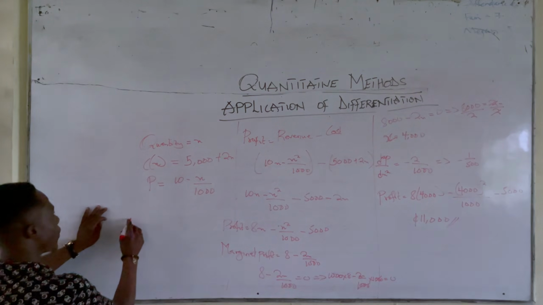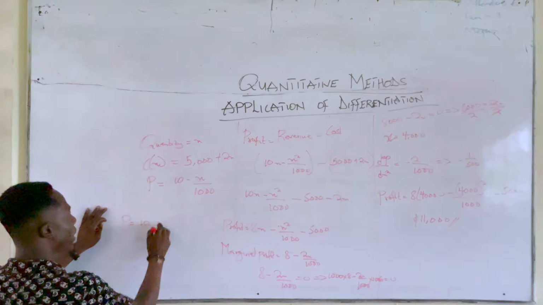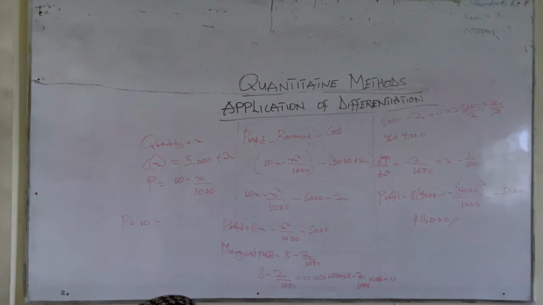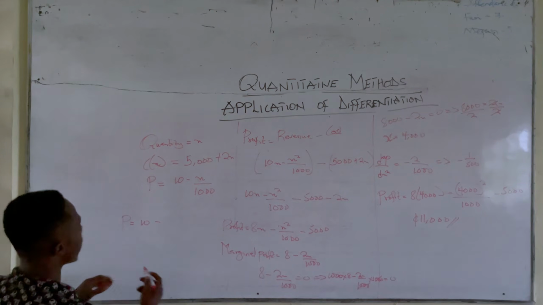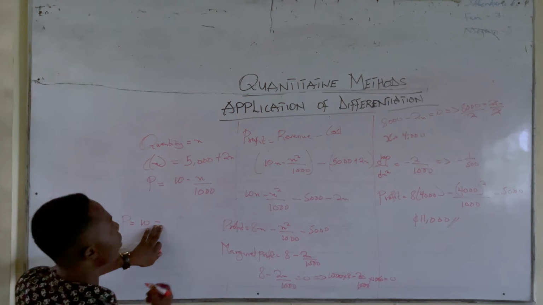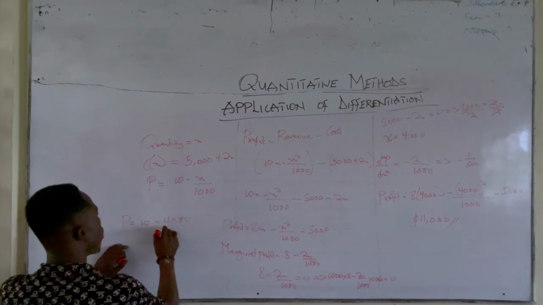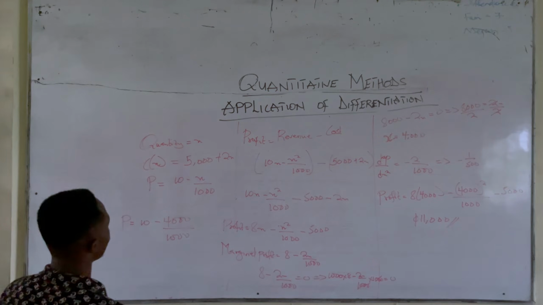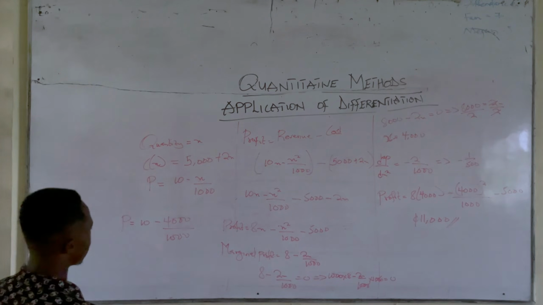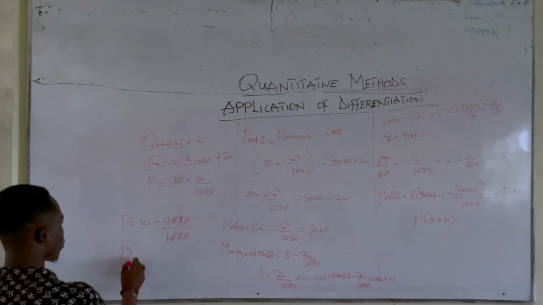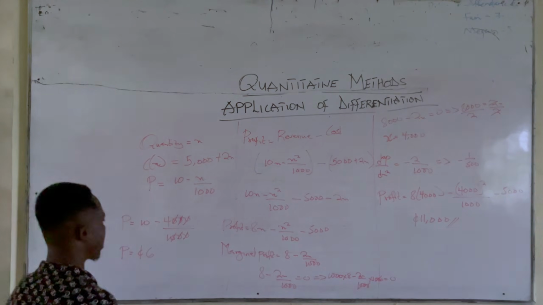So for the price, it becomes P equals 10 minus, oh yeah, the x is 4,000, right? So we have 4,000 over 1,000. Okay, so if you solve for this, you see that you have P equals 6. So P equals 6 Ghana cedis.